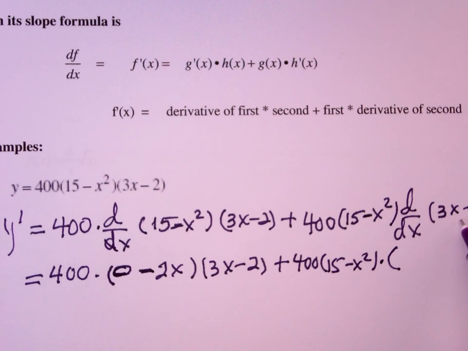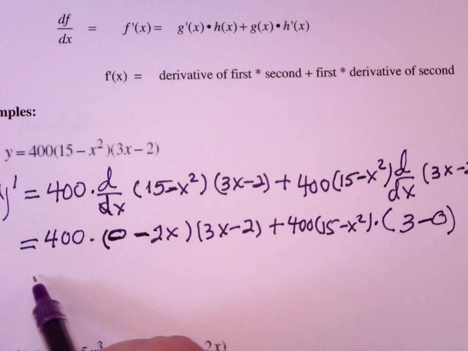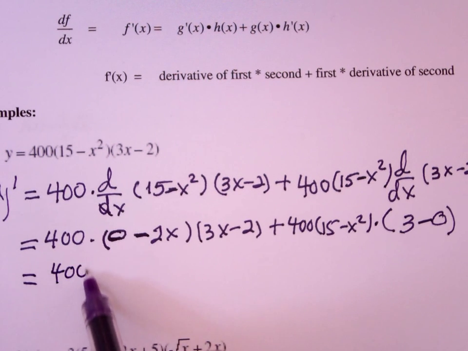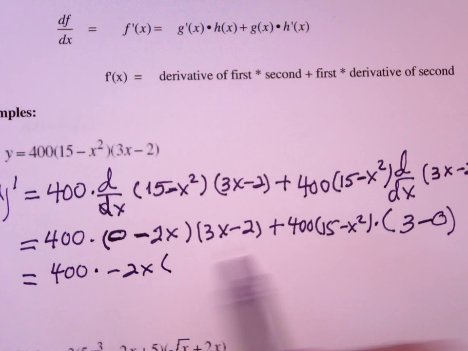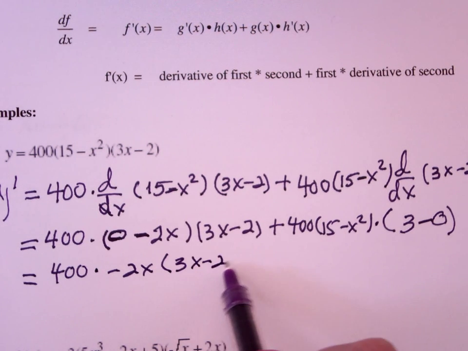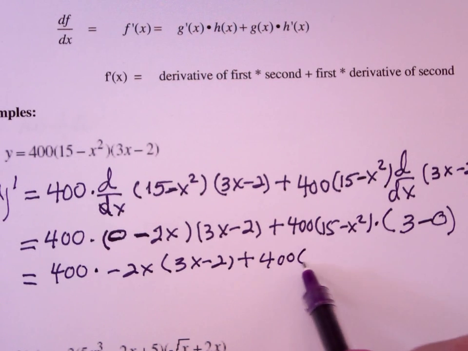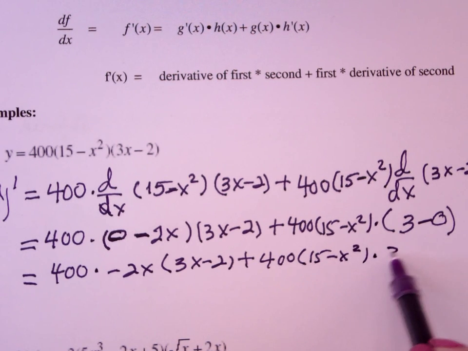The derivative of 3x is 3 minus the derivative of 2, which is 0. Then you simplify. Well, this is 400 times a minus 2x times 3x minus 2 plus 400 times 15 minus x squared times 3.